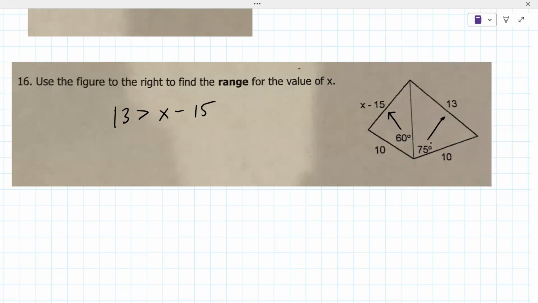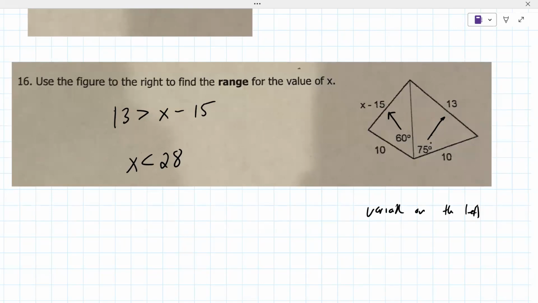Sure. 28 is greater than x. Or x is less than 28, the preferred way with the variable on the left.